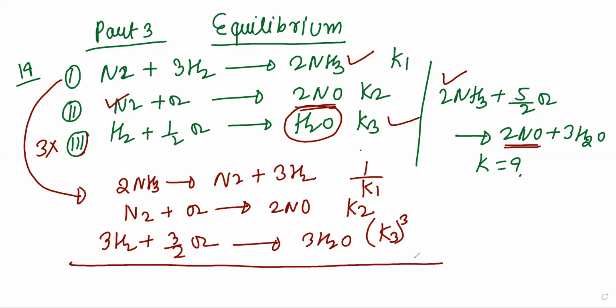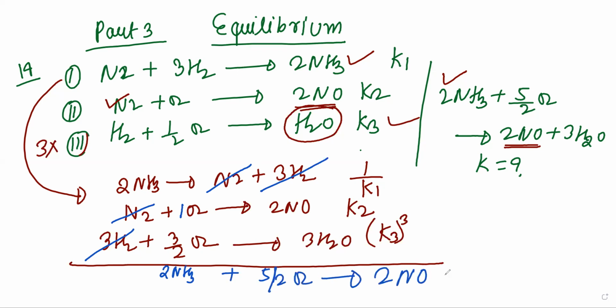Now add these three equations. So what will happen? This nitrogen will get cancelled with this one and 3 moles of hydrogen will get cancelled with this one. So 1 mole of O2 plus 3/2O2 gives 5/2O2, and 2NH3 plus 5/2O2 produce 2NO plus 3 moles of water.